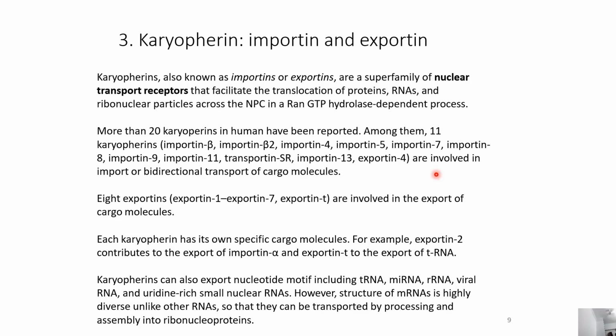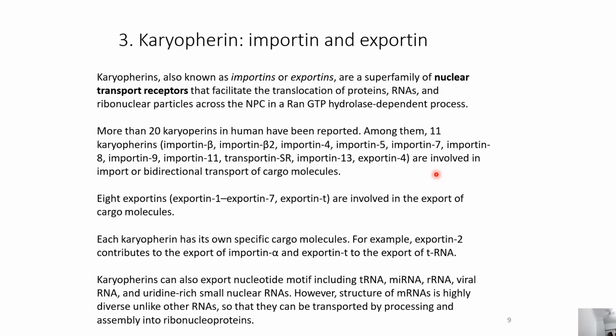Each karyopherin has its own specific cargo molecules. For example, exportin 2 controls the export of importin alpha. Exportin also exports nuclear RNAs including tRNA, miRNA, viral RNA, and small nuclear RNA.